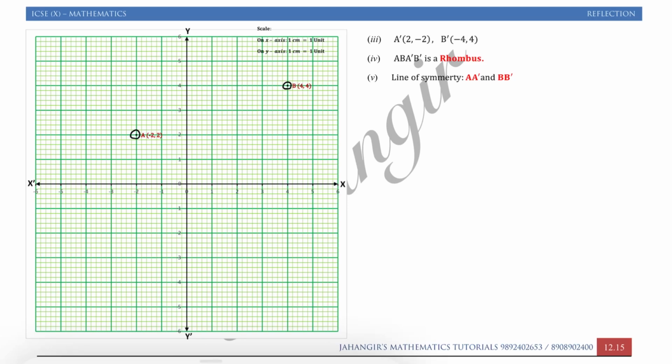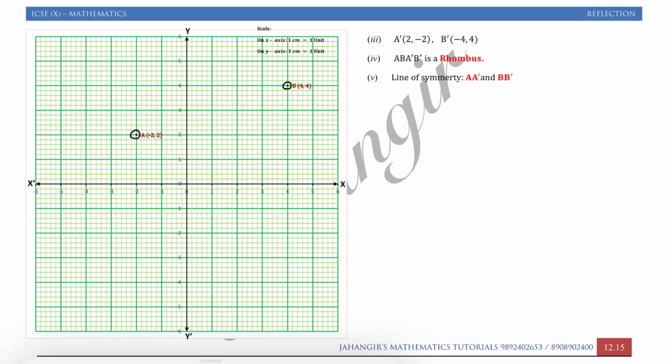Once you have plotted A and B, now we will reflect A and B in the origin to get A dash and B dash respectively. See, if point A, minus 2 comma 2, is reflected in the origin, it means exactly the opposite direction, so it will come somewhere here, and B dash will come somewhere in this part.